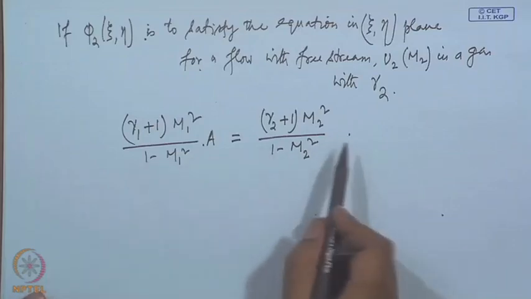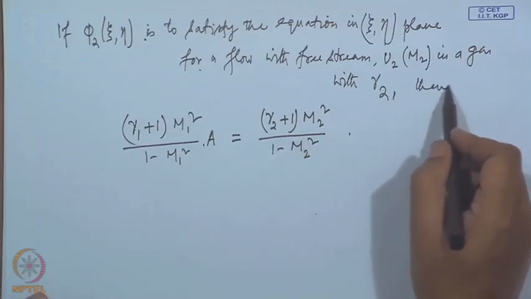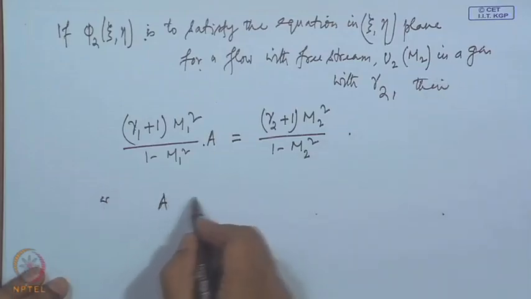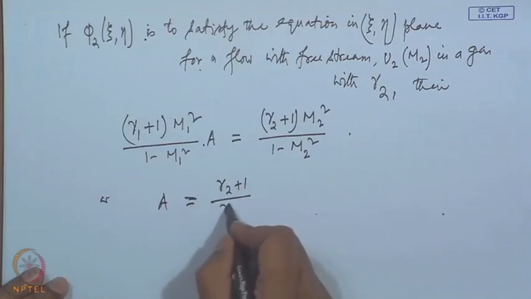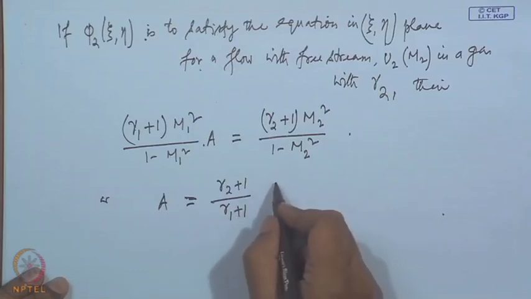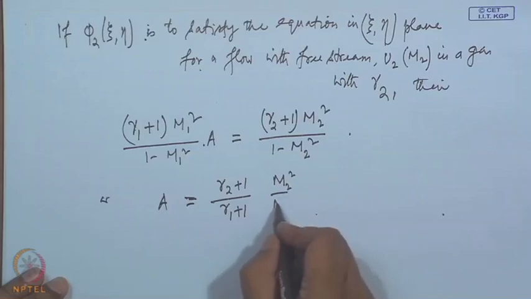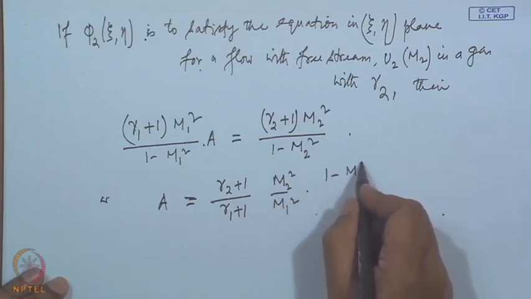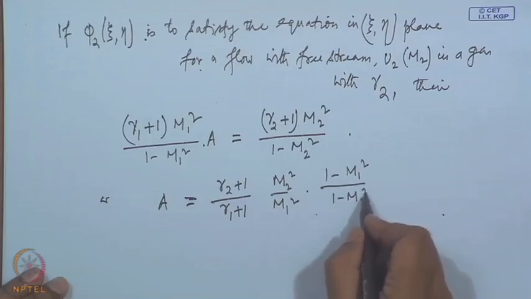So, A must be gamma 2 plus 1 by gamma 1 plus 1 into M2 square by M1 square into 1 minus M1 square by 1 minus M2 square.